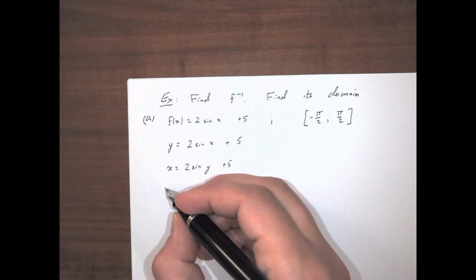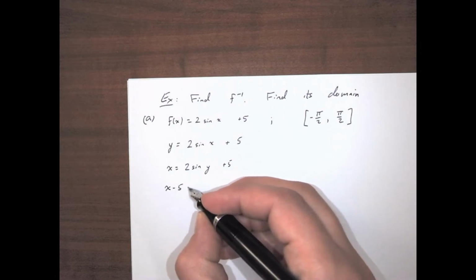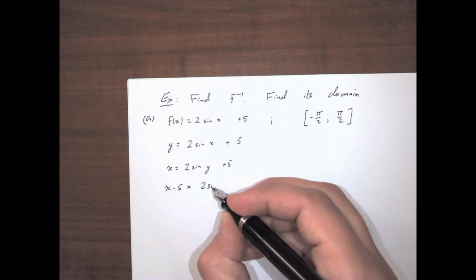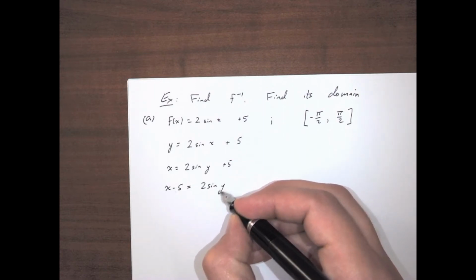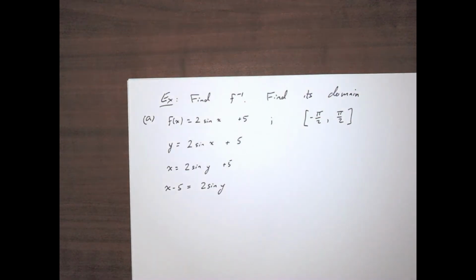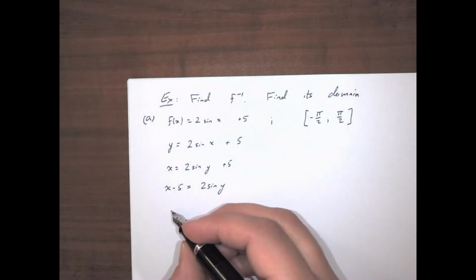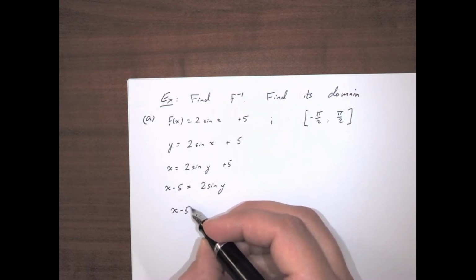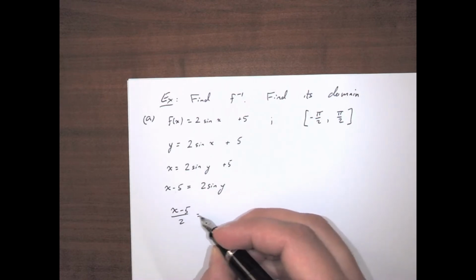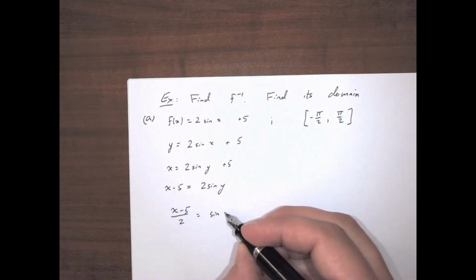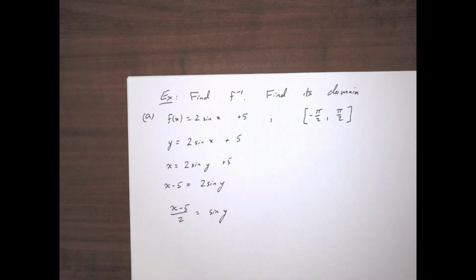Subtract 5 from both sides. And then divide both sides by 2. And now we've come as far as regular algebra will get us in undoing everything around the y.